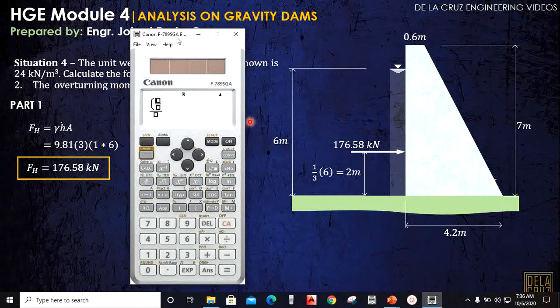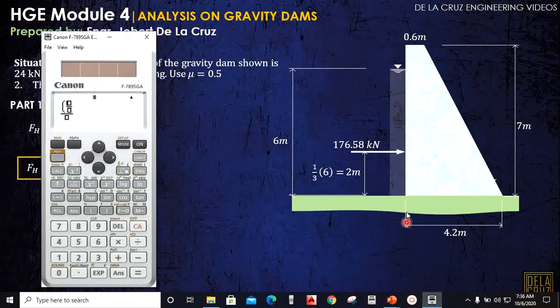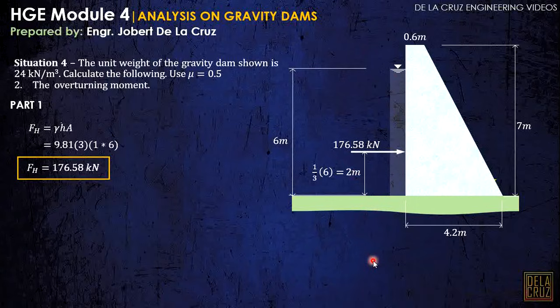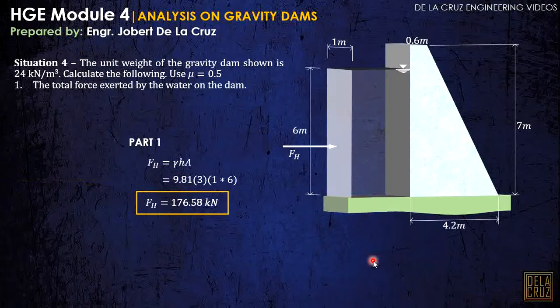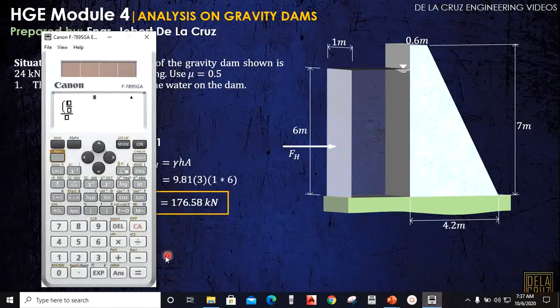So what is the inertia of our projected area? Our projected area here is the rectangular form, no? So you can see earlier. Okay, let me go back. This one, that one. This is our projected area. So let me just calculate the eccentricity. The inertia of this one will be 1 times 6 cubed divided by 12, the inertia of a rectangle, over the area.